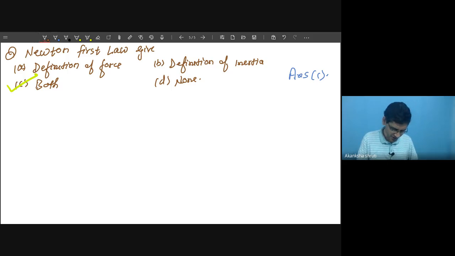Now let us go for Newton's second law. But before going to Newton's second law, we have to learn a new physical quantity called momentum.